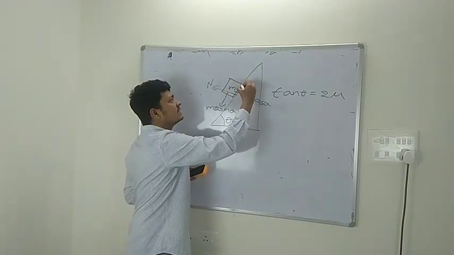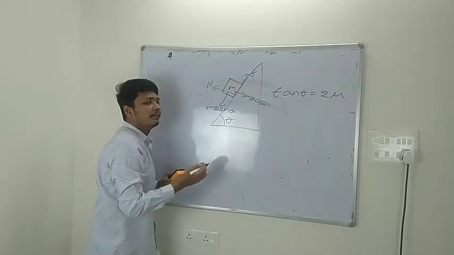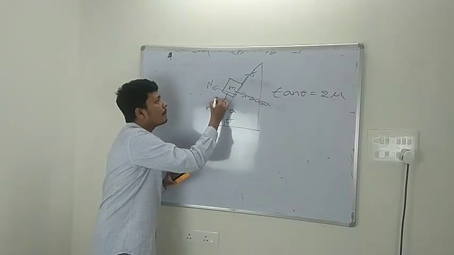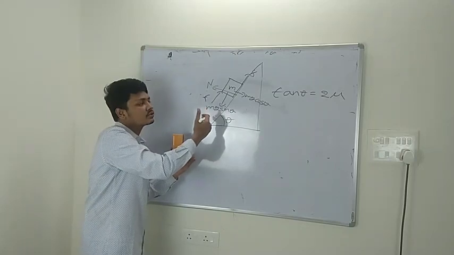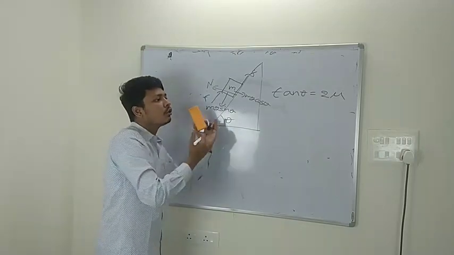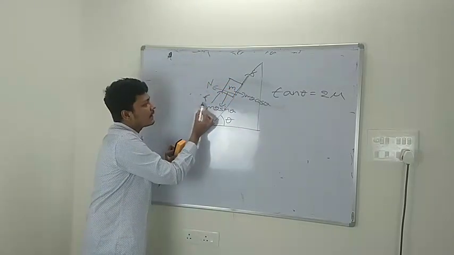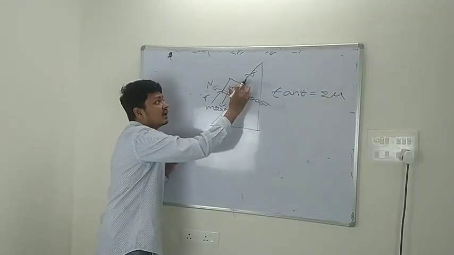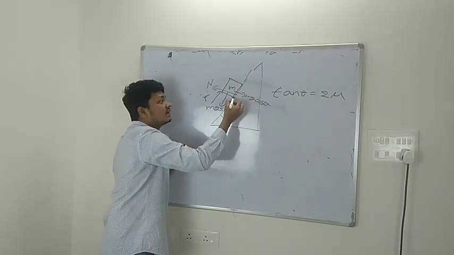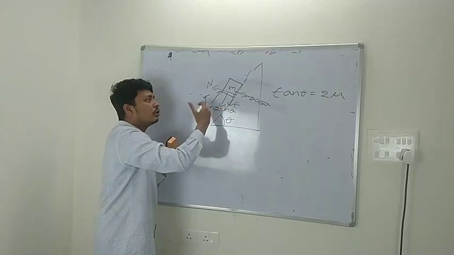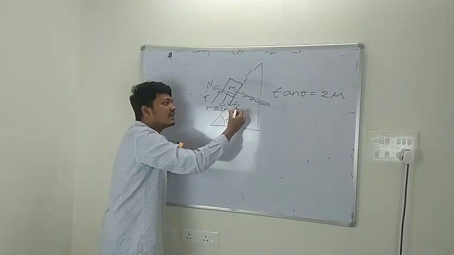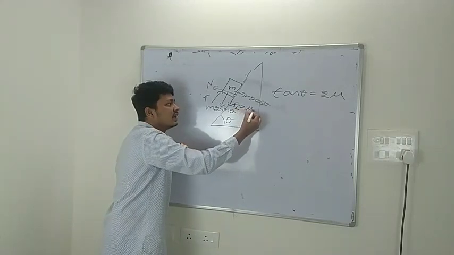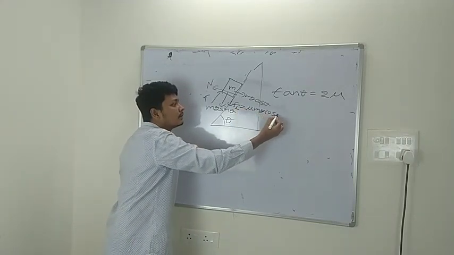Friction is acting this side, but to push it upward, slowly when I increase the force, it tends to go upward. When this F is greater than mg sin theta, friction will act this side, and slowly the force will increase until it reaches limiting friction, that is mu times the normal force.